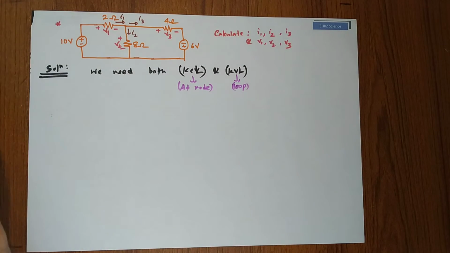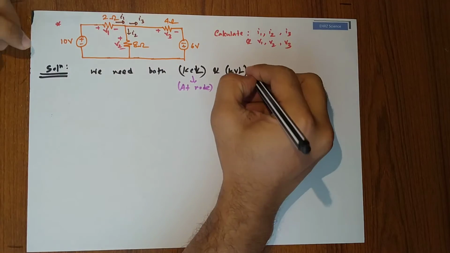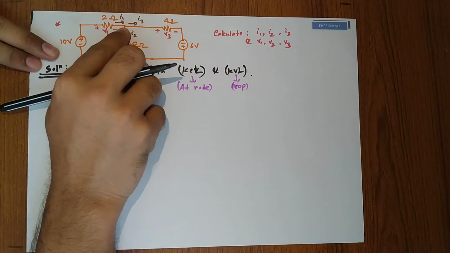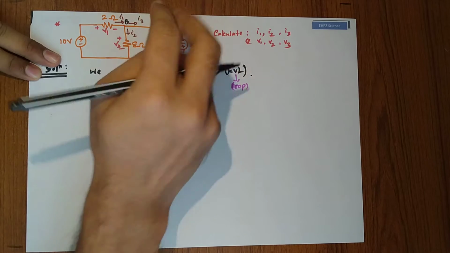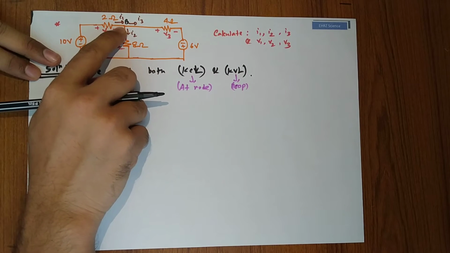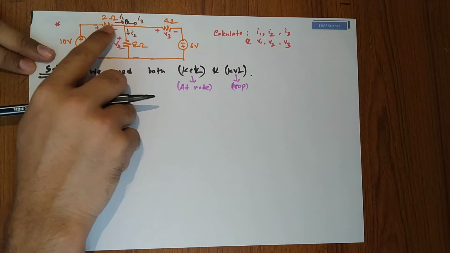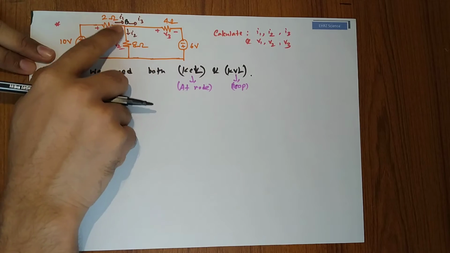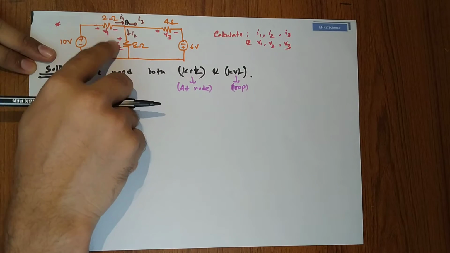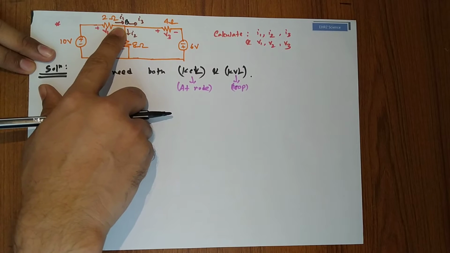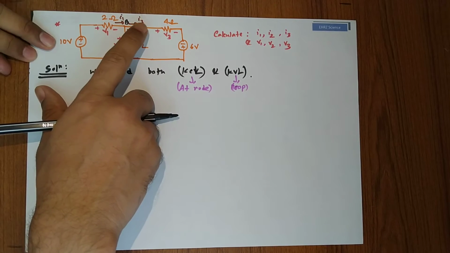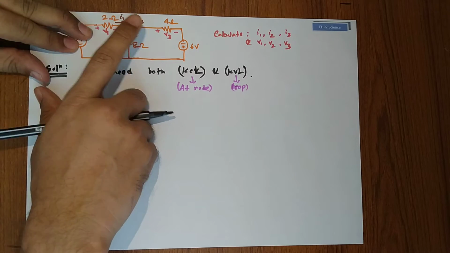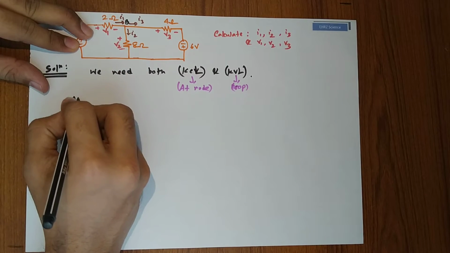Now, suppose this is a node B. In this circuit, this is a node B, because this 2 ohm resistor, 4 ohm resistor and 8 ohm resistor, these three branches are connected there. We know a node is a point where multiple branches are connected.